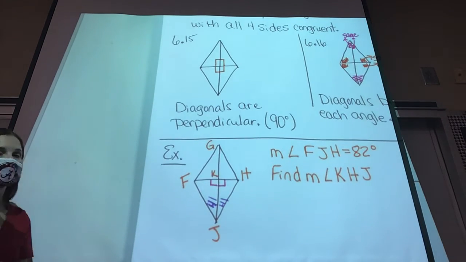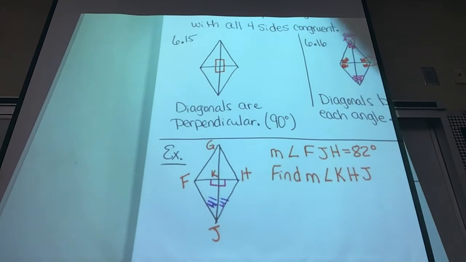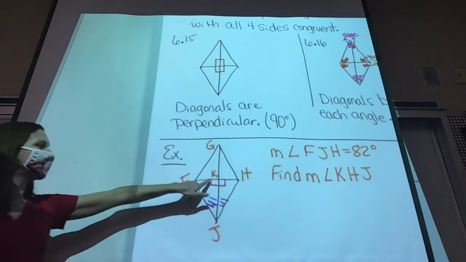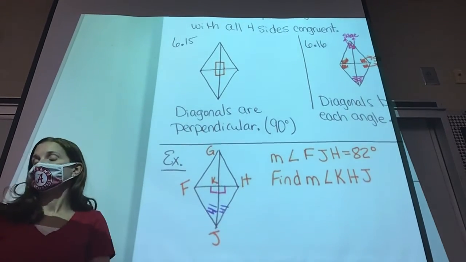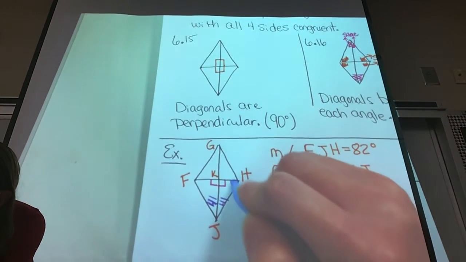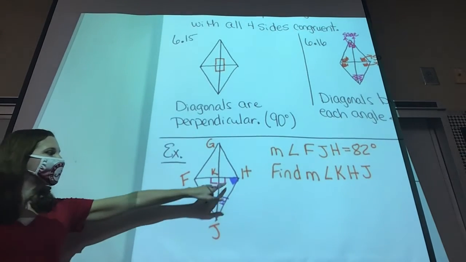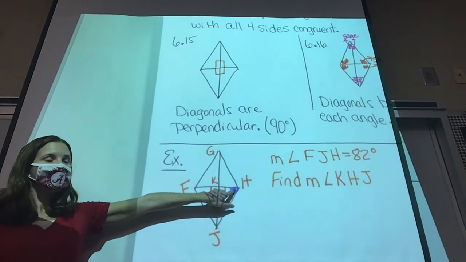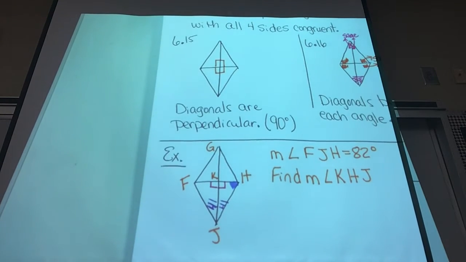On the right side. Okay, KHJ, and find my pen. KHJ is going to be this little angle right here. So I need to find this one that I just colored in blue. So, how am I going to find that one?